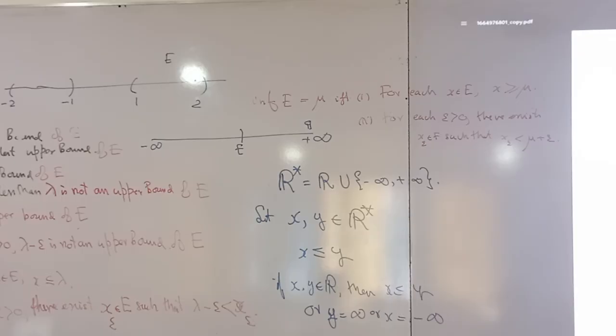The following theorem justifies the terminology, least upper bound and greatest lower bound. Let E be a subset of R star. Then the following statements are true.